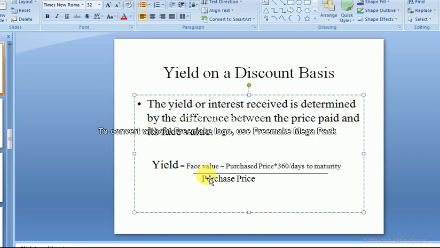Unlike the current yield, the discount yield takes the discount value from par and expresses it as a fraction of the par value, not of the current price of the bond. These methods of calculating the yield or the returns assume simple interest, that is, no compounding effects.